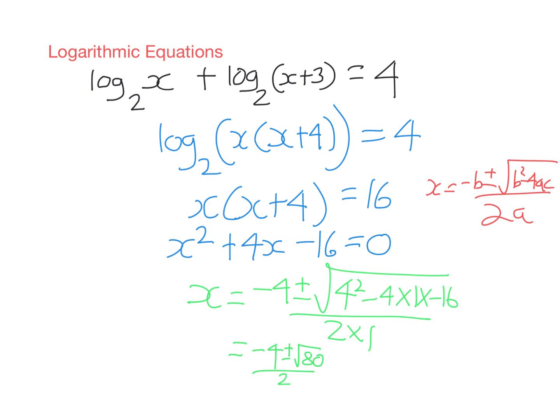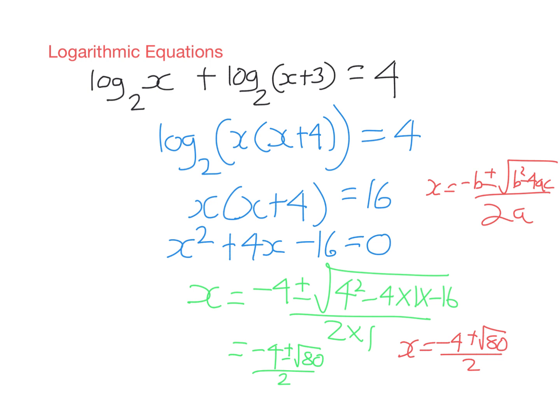When you have a log with a positive base like that, this number has to be positive. The reason is you can't raise 2 to any power and get an answer of 0 or negative. So the only possible solution here is negative 4 plus root 80 over 2. We can't have negative 4 minus root 80 over 2 because that is negative and x cannot be negative. So that's our final answer exactly.